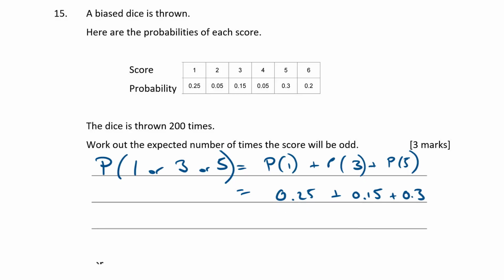So adding all that up, 0.25 plus 0.15 is 0.4, and plus 0.3 is 0.7. So that adds up to 0.7.